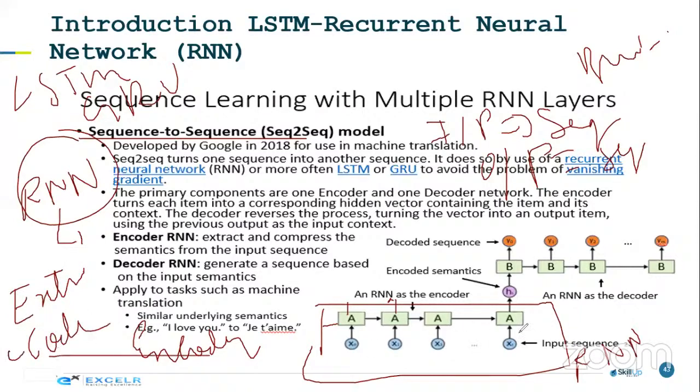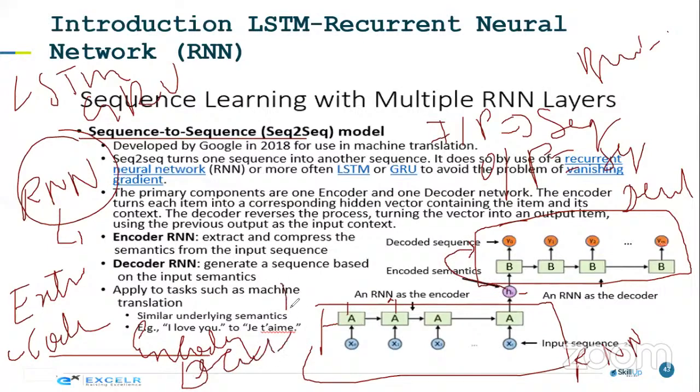Once this information is extracted and encoded in the hidden state, there will be another parallel recurrent neural network, which is called the decoder. The decoder understands whatever information is in the hidden state, decodes that information, and then generates the sequence. That's what the architecture looks like.